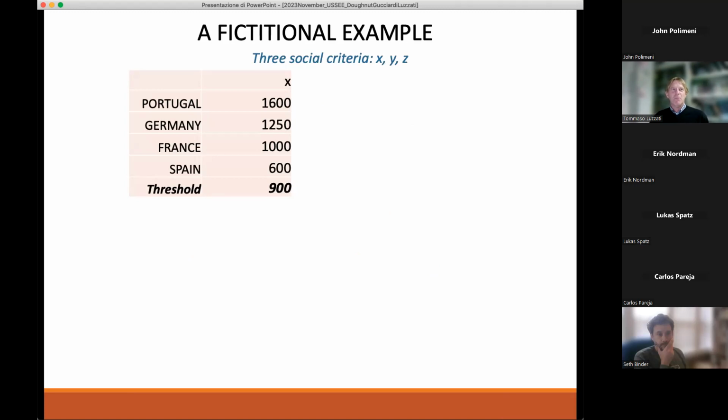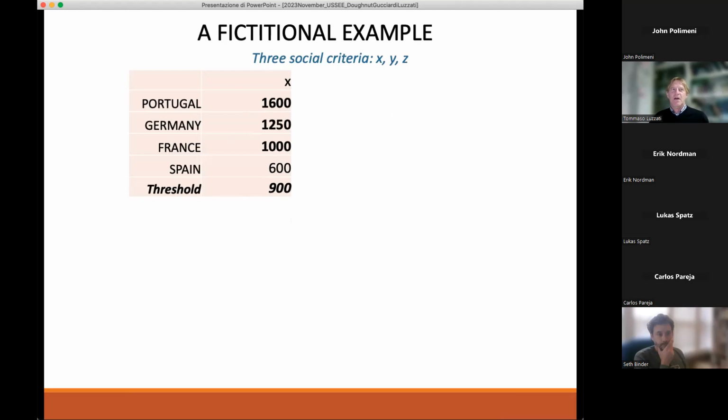So those numbers, it doesn't matter which unit of measure we consider. In this case, we have a threshold, which is defined at 900. You can see, since those are social criteria, 3 countries are above the threshold and 1 country is below, in this example, Spain.